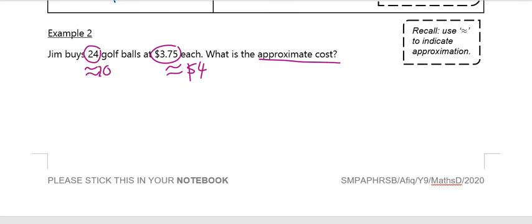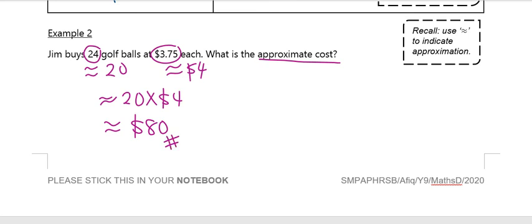So when he buys 20 golf balls, priced at $4, your calculation will be 20 times $4. So your answer will be approximately equal to $80. Okay, that's the approximate cost.